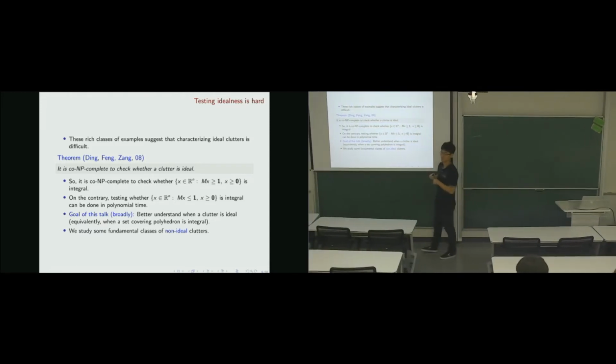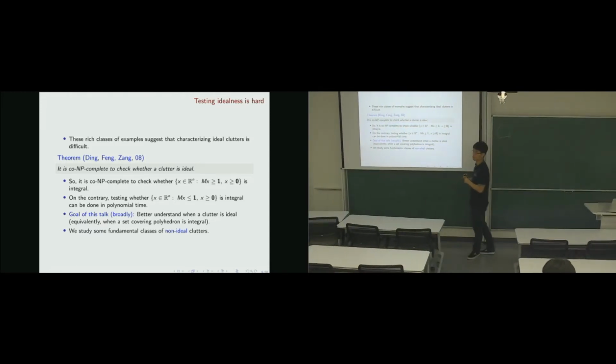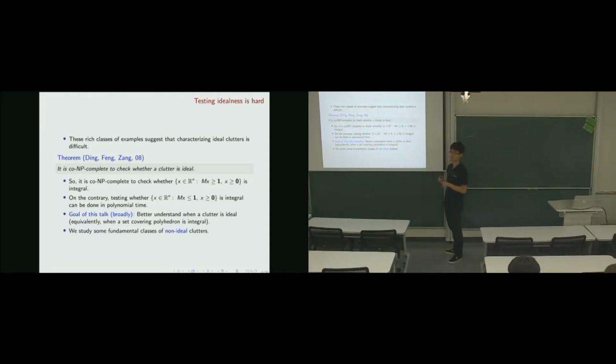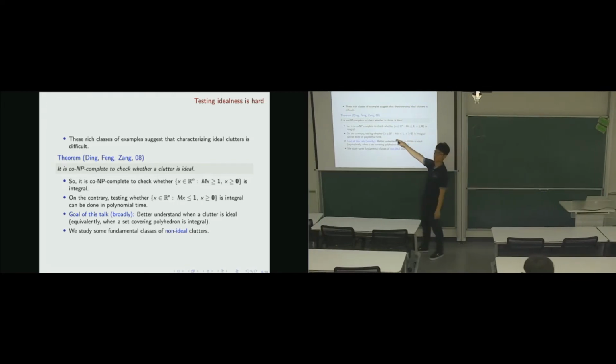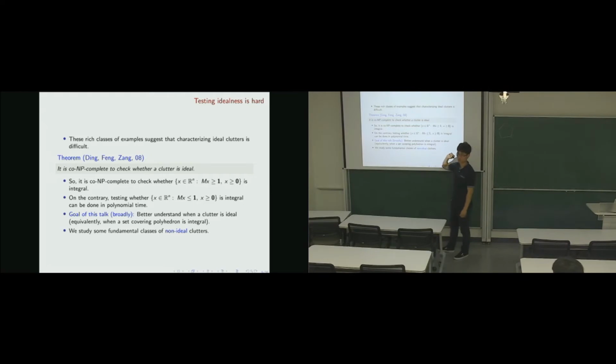But that's when you try to prove the hardness, right? When you want to say something. You mean NP-hardness? So this is NP-hard and this is co-NP. So it's co-NP, so proving NP-hardness is more difficult. Yeah, that's the easy part.